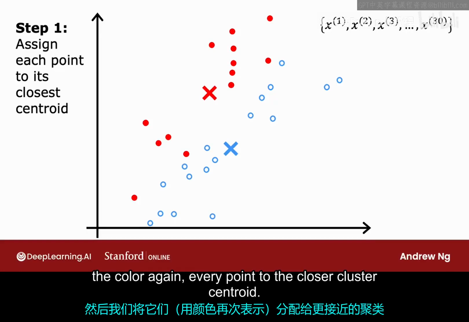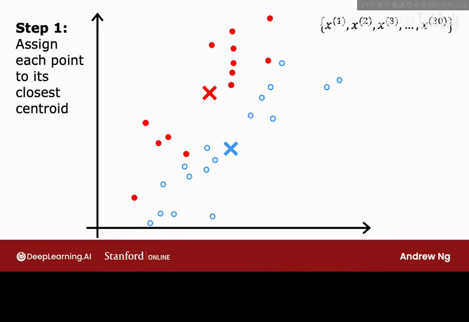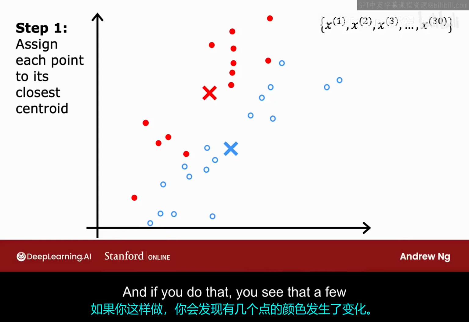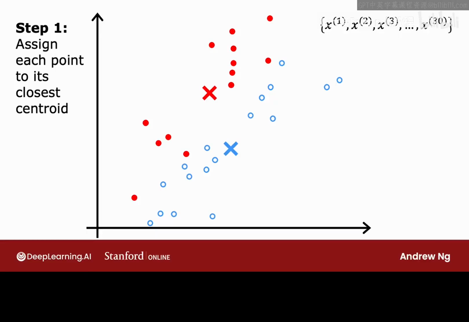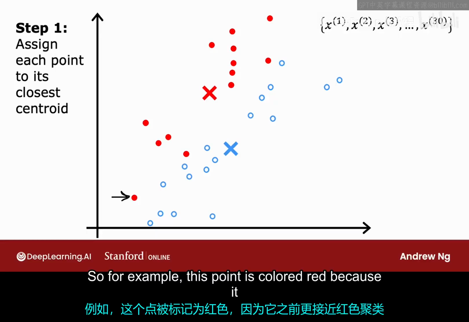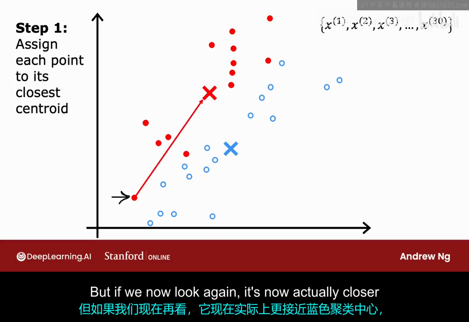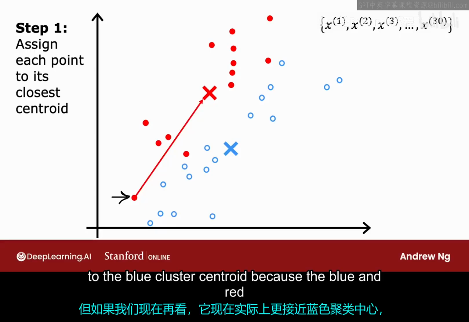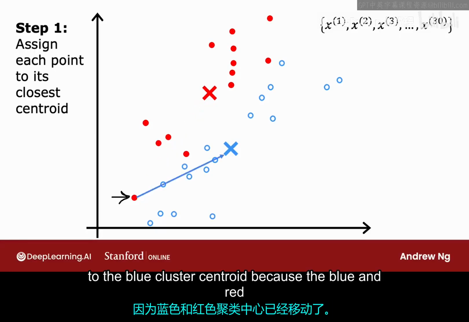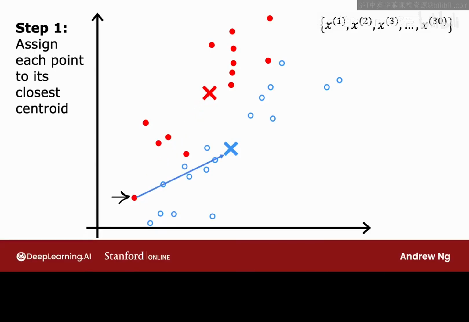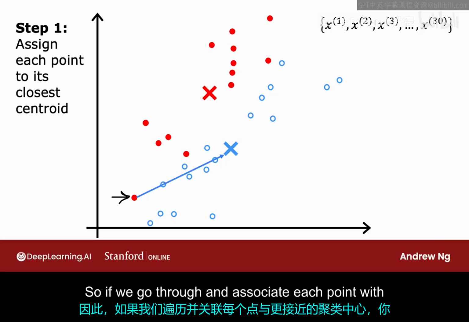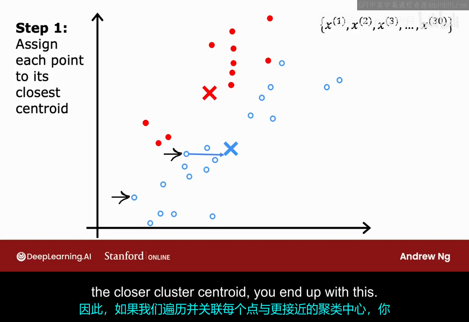And if you do that, you see that a few of the points change color. So for example, this point was colored red because it was closer to the red cluster centroid previously. But if we now look again, it's actually closer to the blue cluster centroid because the blue and red cluster centroids have moved.